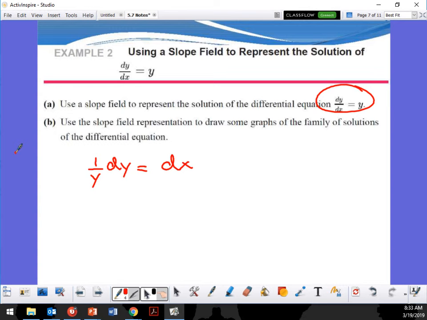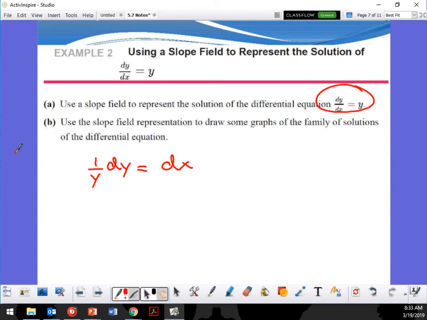So one of my rules for this: since there is no x at this point right here, I could say that since there's no x, all points are the same on the x-axis.